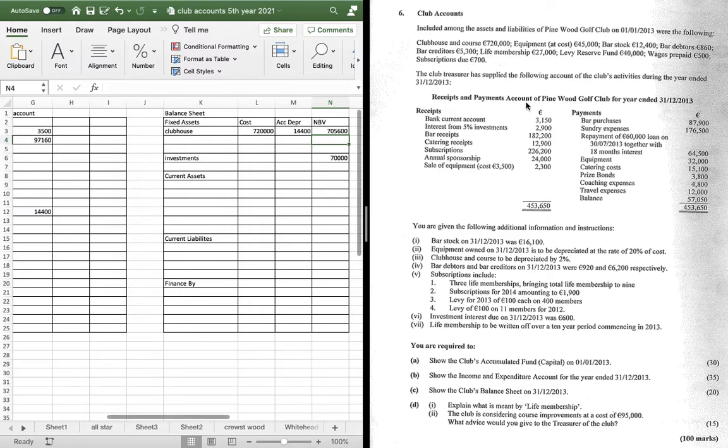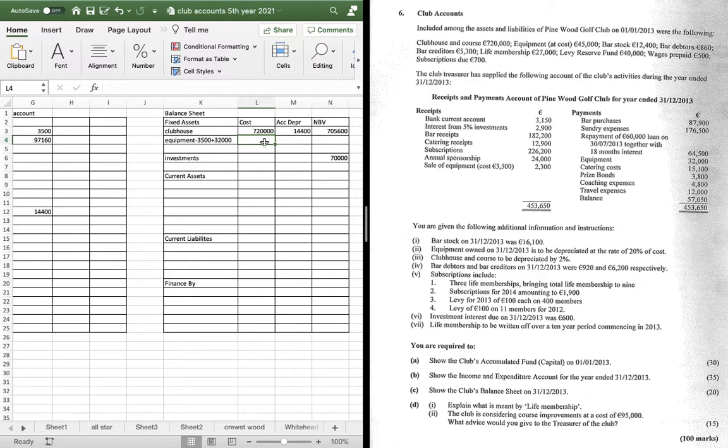Equipment that costs 45,000. However, there's a little bit of work to do on this one. It's 45,000 as a starting figure, but we sold equipment that cost 3,500 and we bought equipment costing 32,000. So you have to take the 3.5 away and add on the 32.